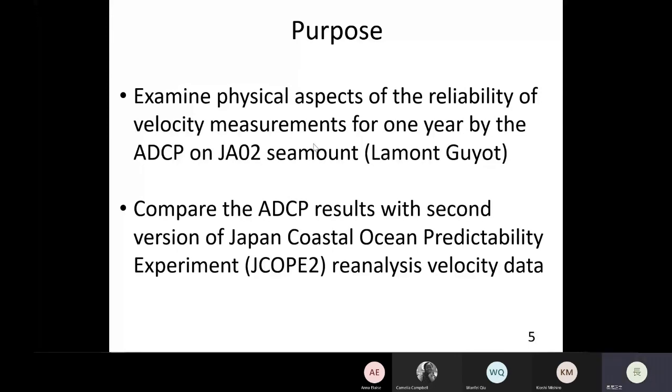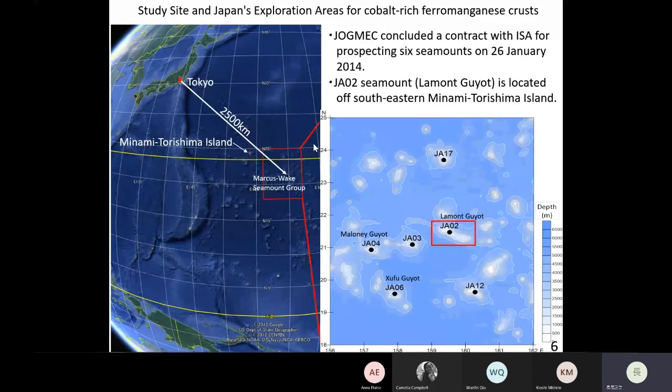And this is the study site and Japan's exploration areas for cobalt-rich ferromanganese crusts. JA02 seamount Ramon-Gyo is located off southeastern Minami Torishima Island, like this.